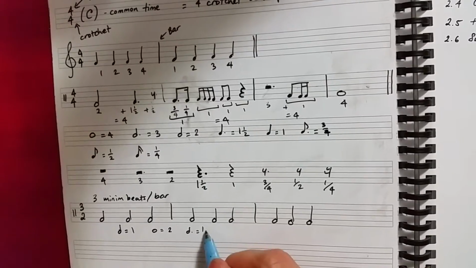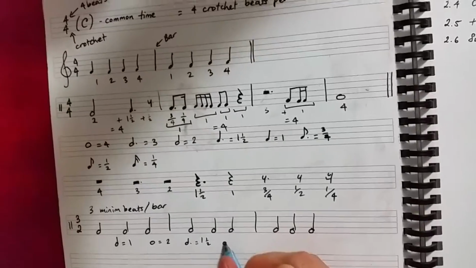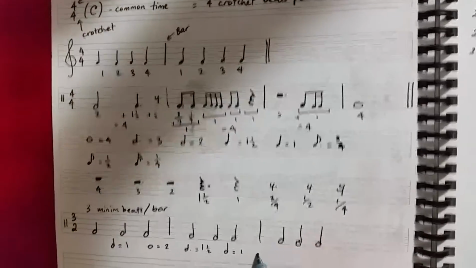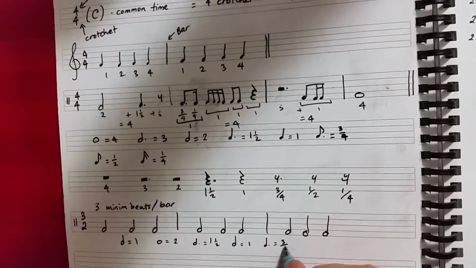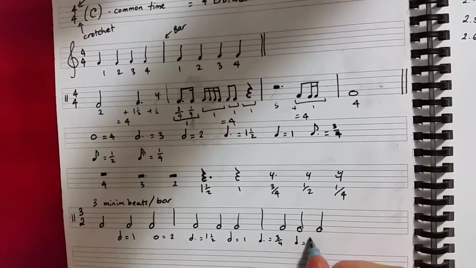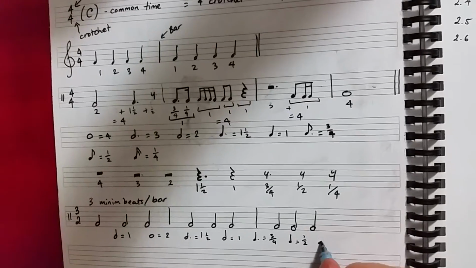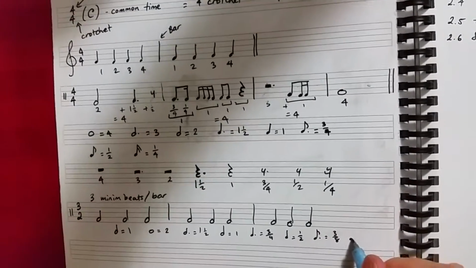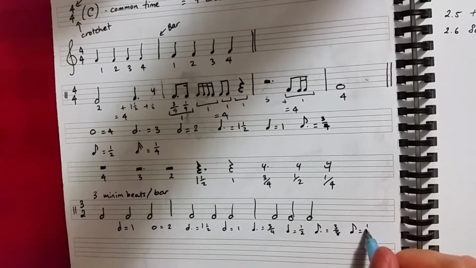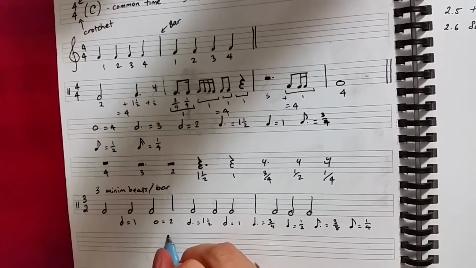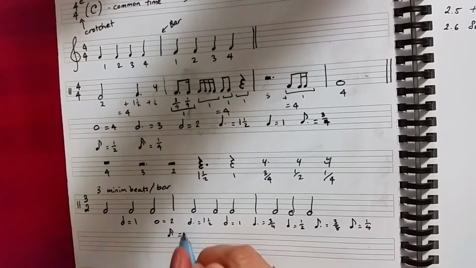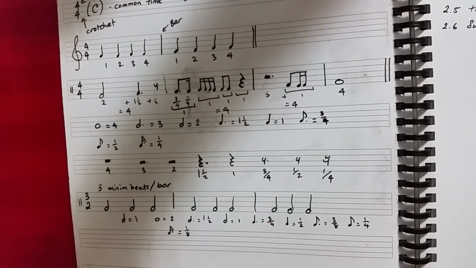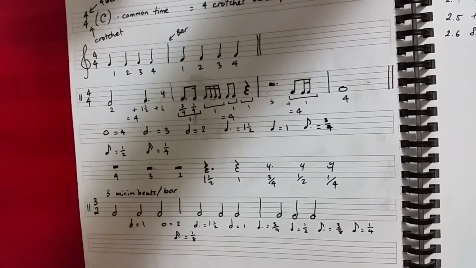This is now 1.5. 1. 3/4. The crotchet's half. Dotted quaver is 3/8. Quaver, a quarter, semiquaver, an eighth. We've halved all note values. That's when Y equals 2.